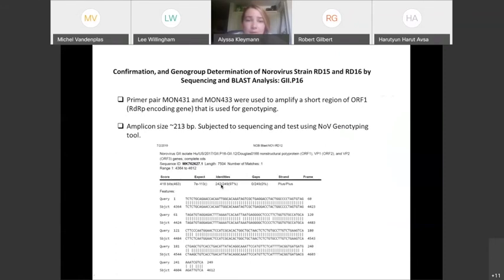This slide is kind of compacted, but we also used the additional genotyping primers, and then we sent for sequencing and BLAST analysis, and it was shown that both RD15 and RD16 samples were genogroup 2, genotype P16 noroviruses.